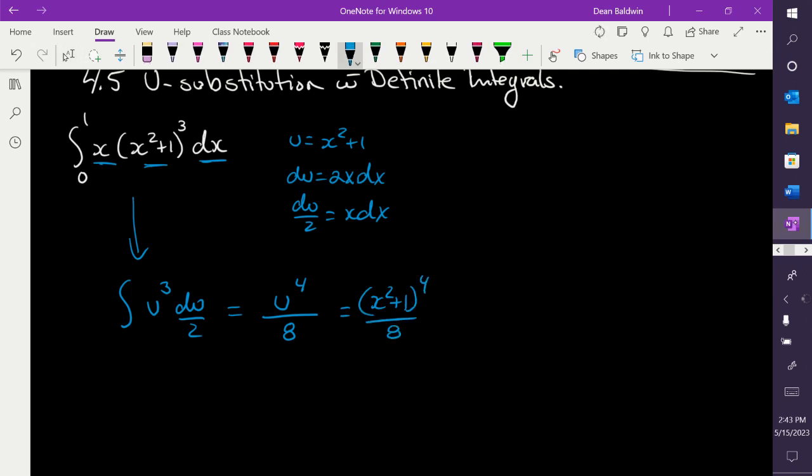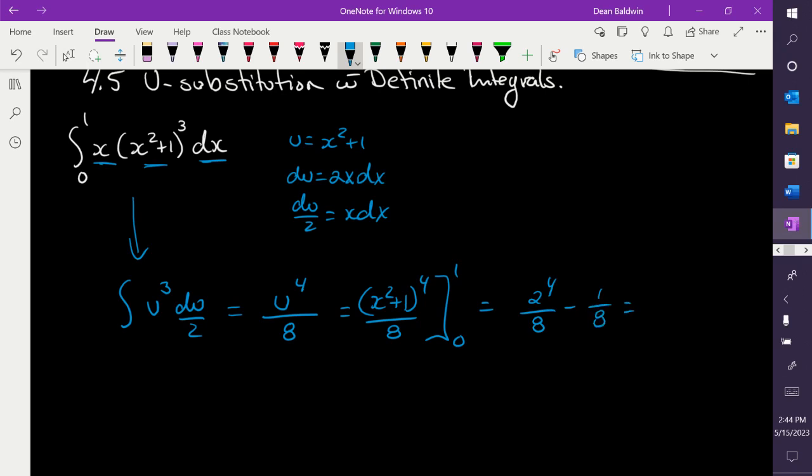And because it's a definite integral, you evaluate it from 0 to 1. What do you put in first? 1. So I get 1 plus 1 is 2, so it's 2 to the 4 over 8 minus 0. 0 goes in, you get 1 over 8.